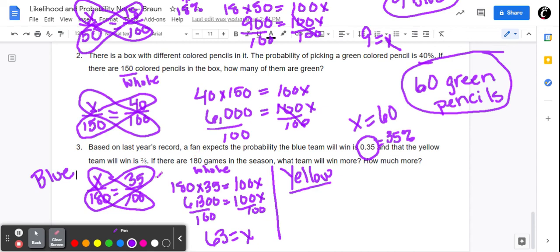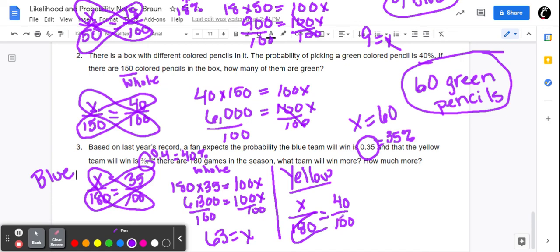The yellow team was expected to win 2/5 of their games. And if I change the fraction 2/5 to a decimal, I'm going to get 0.4, which is 40%. So I'm going to use 40% for the yellow team. And again, we're looking out of 180 games. So my part is x because that's what I'm looking for, over my whole is 180 equals 40% over 100.